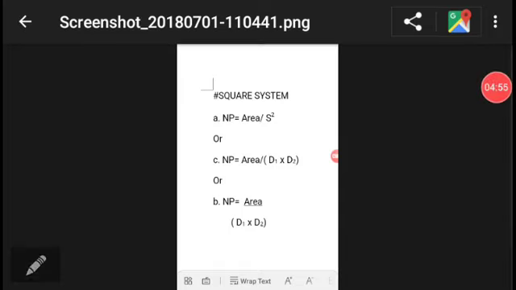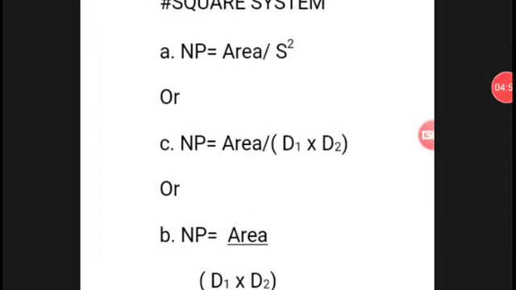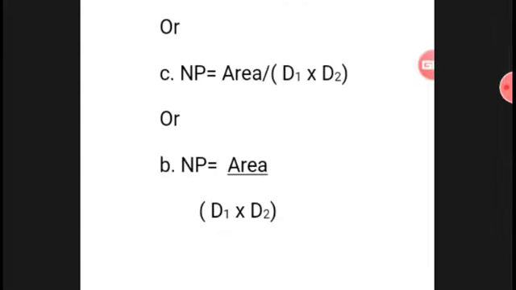The number of plants is equal to area divided by S squared. Or the number of plants is equal to area divided by the product of the first distance and the second distance. NP is equal to the area divided by, open parentheses, the product of the first distance and second distance, close parentheses.